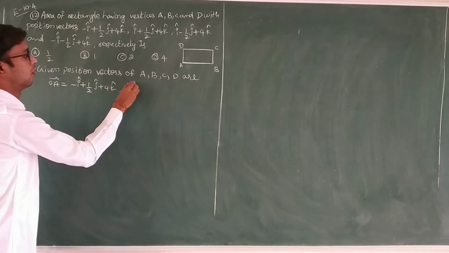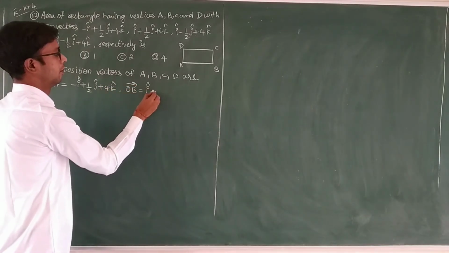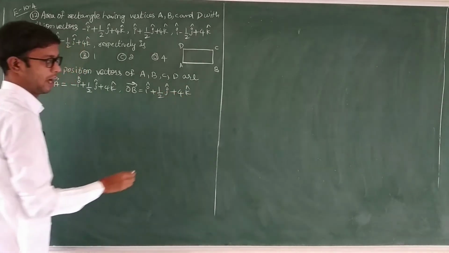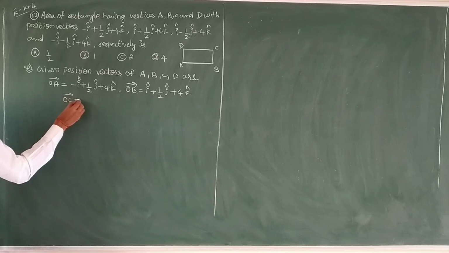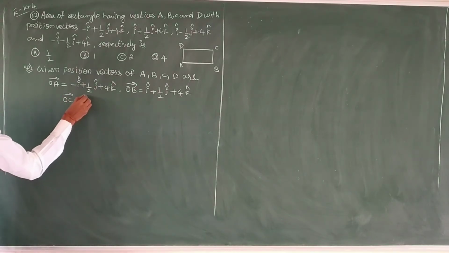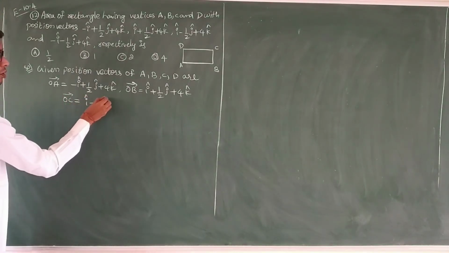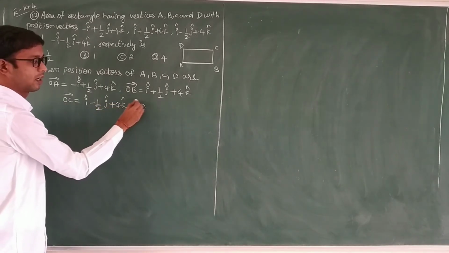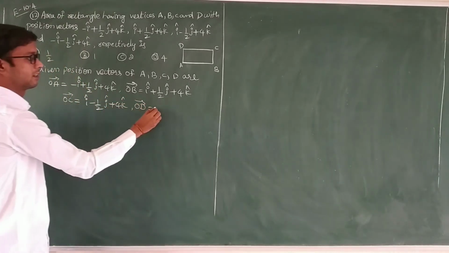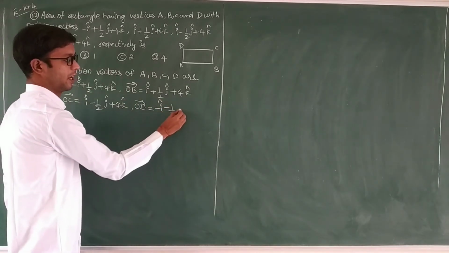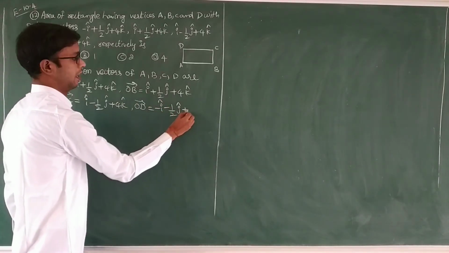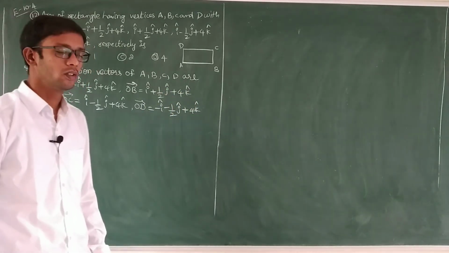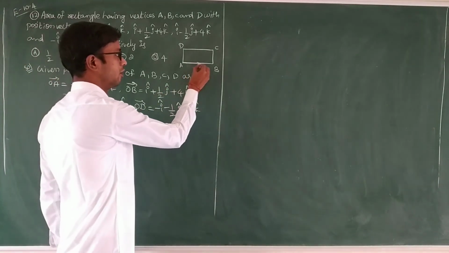OB bar is equal to i cap plus 1 by 2 j cap plus 4 k cap. OC bar is equal to i cap minus 1 by 2 j cap plus 4 k cap. OD bar is equal to minus i cap minus 1 by 2 j cap plus 4 k cap.